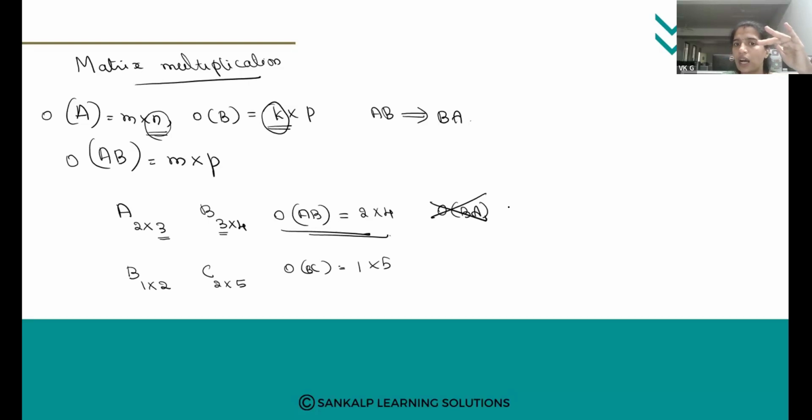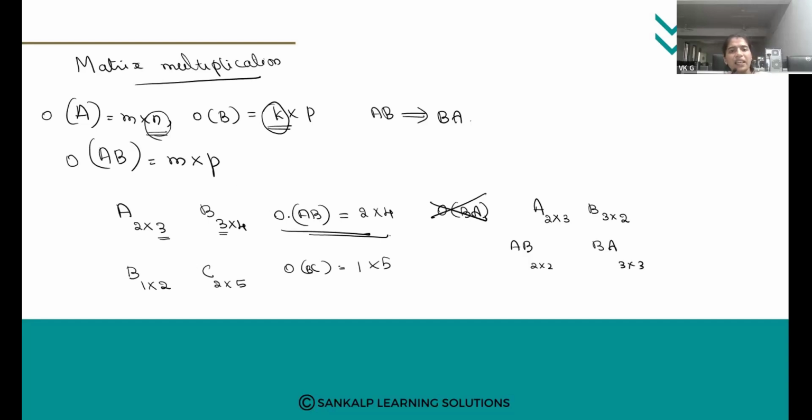Even if they exist, for example, if A is of order 2 by 3 and B of order 3 by 2, both AB and BA are defined, and the order of the product AB is 2 by 2, the order of product BA is 3 by 3. Look, here both AB and BA are defined.